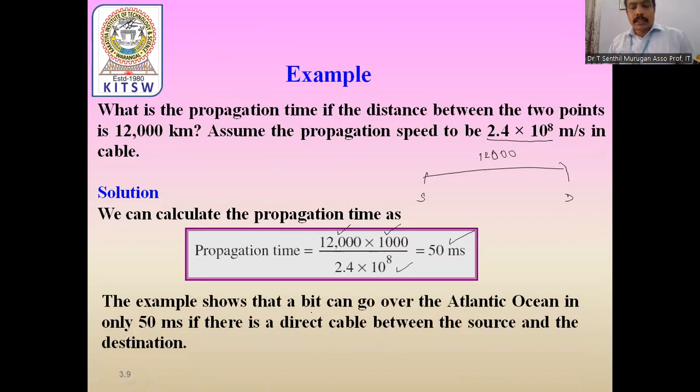The example shows that it can go over the Atlantic Ocean in only 50 milliseconds if there is a direct cable between the source and destination. So 12,000 kilometers you can consider from source to destination. If a direct link is there, what is the propagation time? 50 milliseconds.